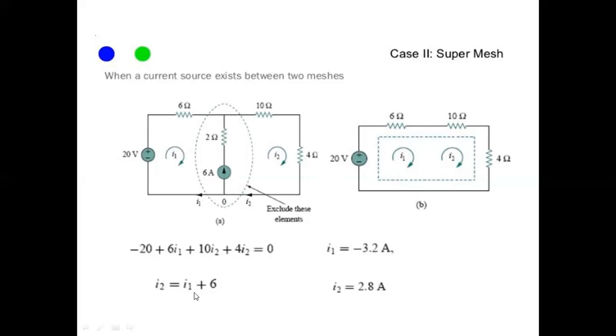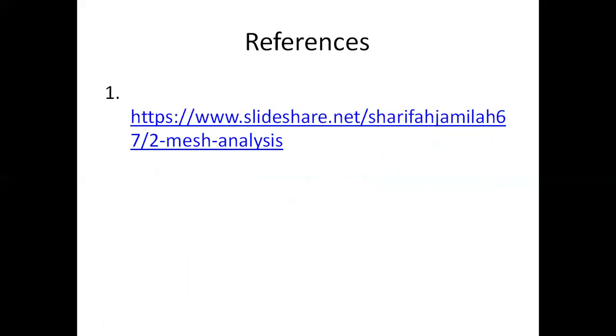So I2 minus I1 equals 6, that means I2 equals I1 plus 6. Now solving these two equations, we can easily find the values: I1 equals minus 3.2 ampere and I2 equals 2.8 ampere. In this way, we can solve the super mesh problem.